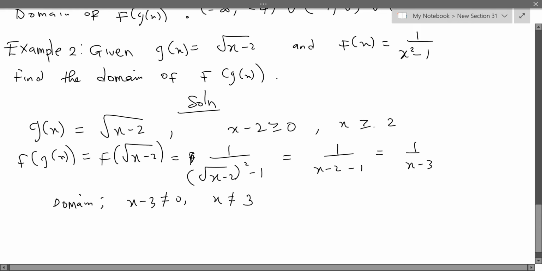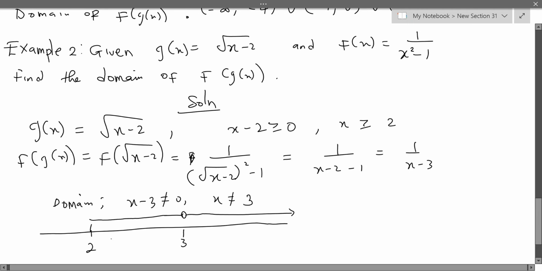So we have two conditions here. We have x greater than or equal to 2 and then we have x is not equal to 3. So what will be the main domain of this function? You put the 2, you put the 3. We have x greater than or equal to 2, so x will go like this, and x can't be 3, so there will be a hole here. You have to break it, then it will continue.